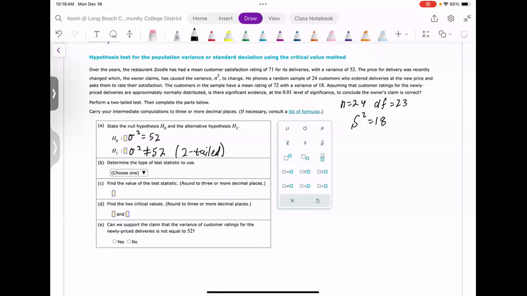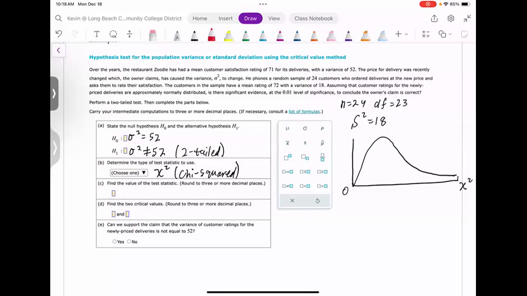Okay, so first of all, we are using a chi-squared distribution, which I believe is written out in ALEKS like that. Before we find the value of the test statistic, let's draw a picture to get a good idea of what it is that we're even looking at. So this is a chi-squared distribution. Remember, that one starts at 0.